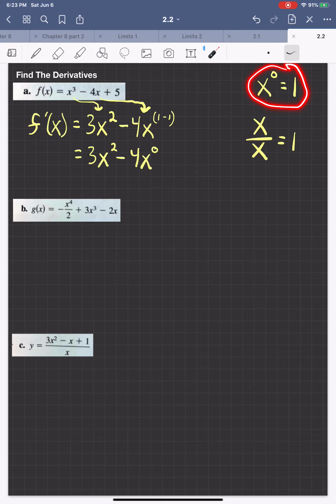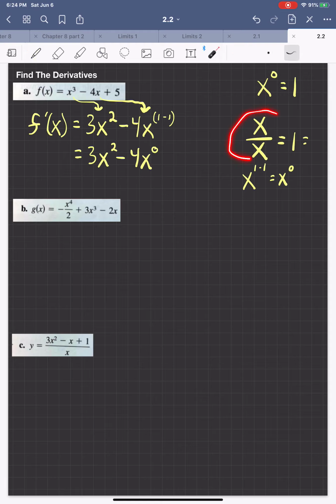Let me show you. So what is the exponent here? Well, this is x to the power of 1 divided by x to the power of 1. So x divided by x is x to the power of 1 minus 1, which is x to the power of 0. So hold on here.